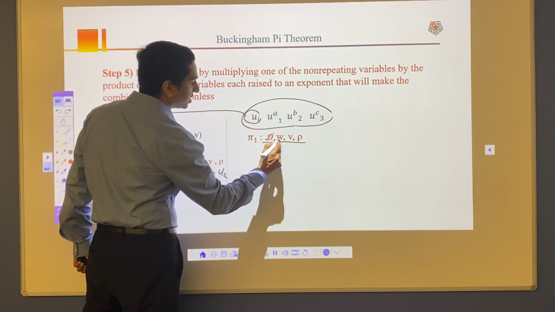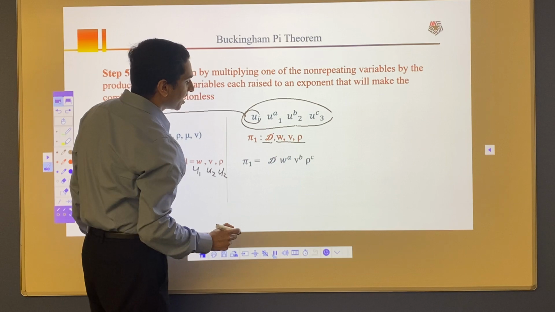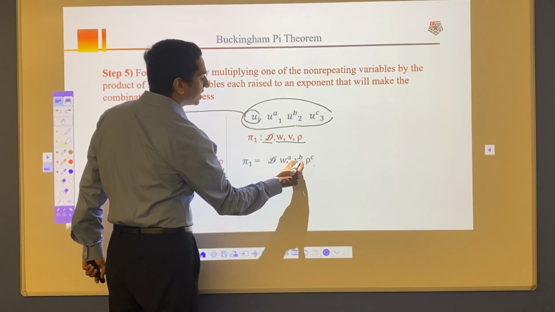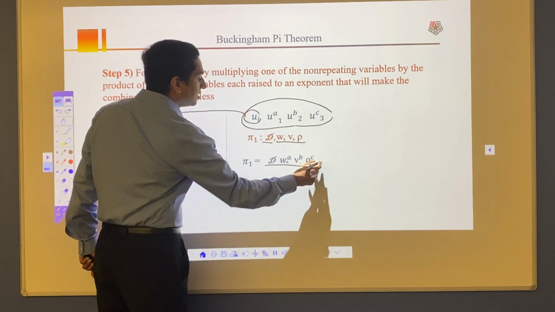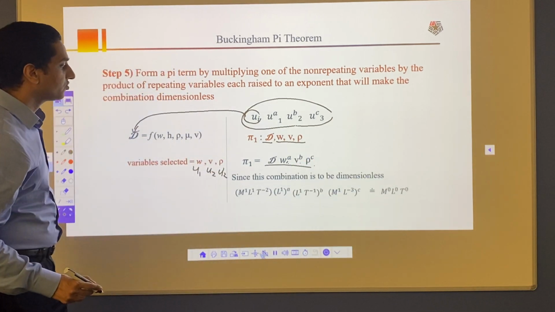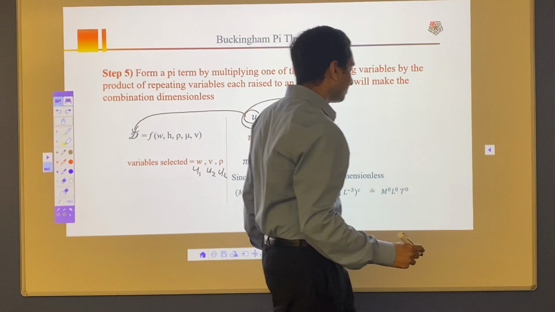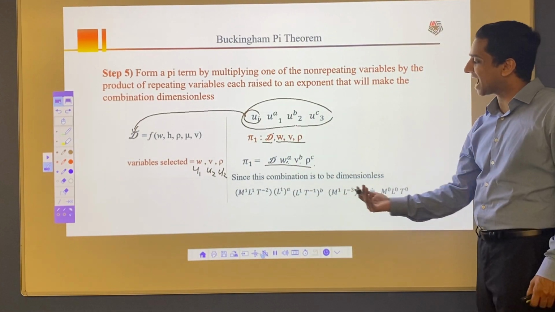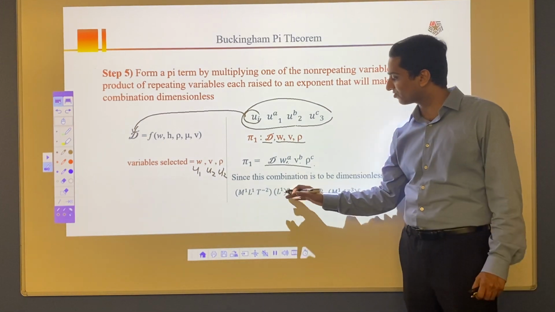So my drag force is here, the rest is there, and I'm going to write it in the form of A, B, C. My objective is to calculate the values of A, B and C. Since the combination has to be dimensionless, I'm going to follow the same process. Now you should know the drill, how to get the values of A, B, C.